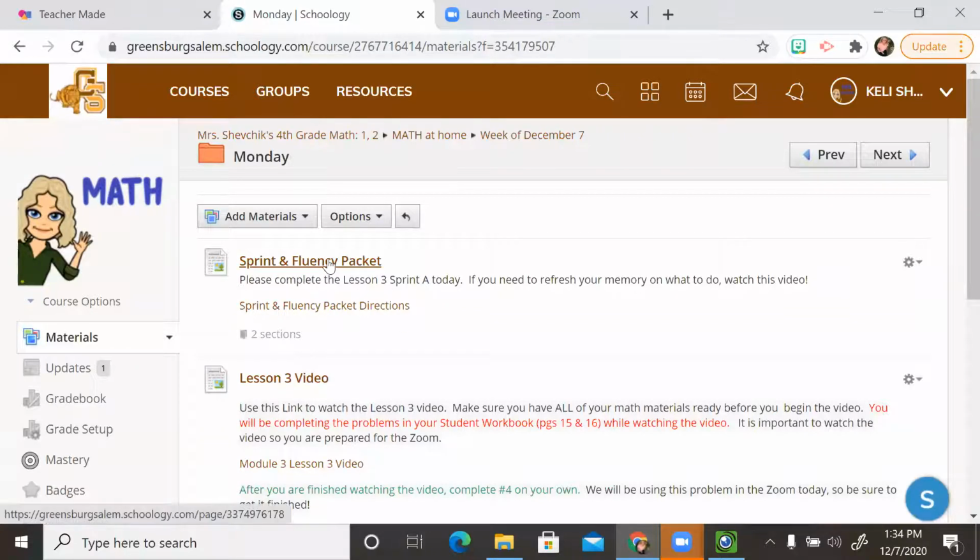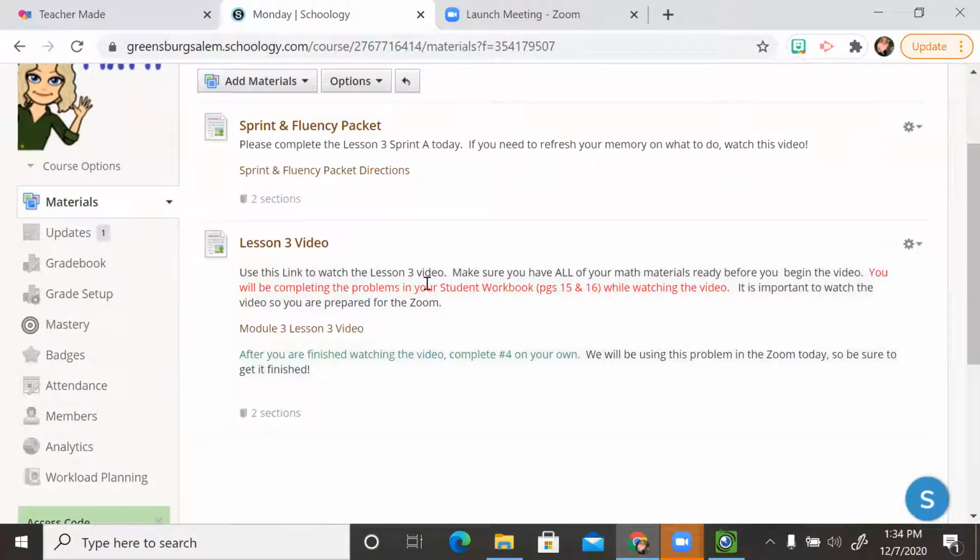You do have to do a sprint today. You're going to lesson 3A. This is the very first sprint in your new packet. If you forget how to do the sprint, right here's a video with directions for you. This was the lesson 3 video.